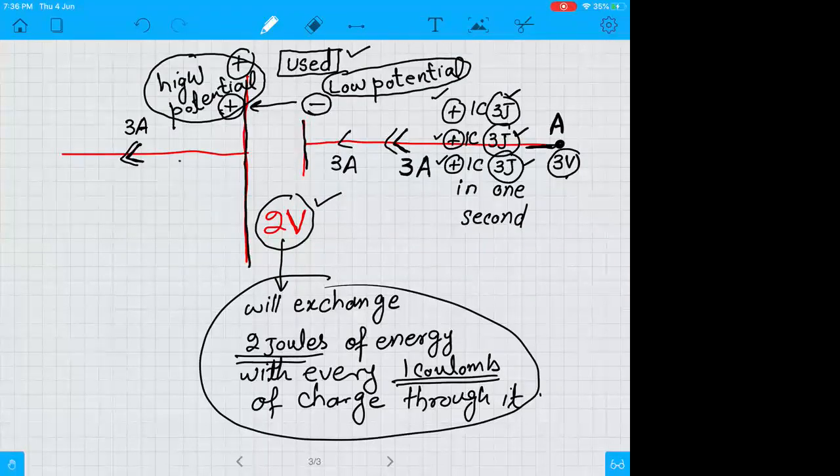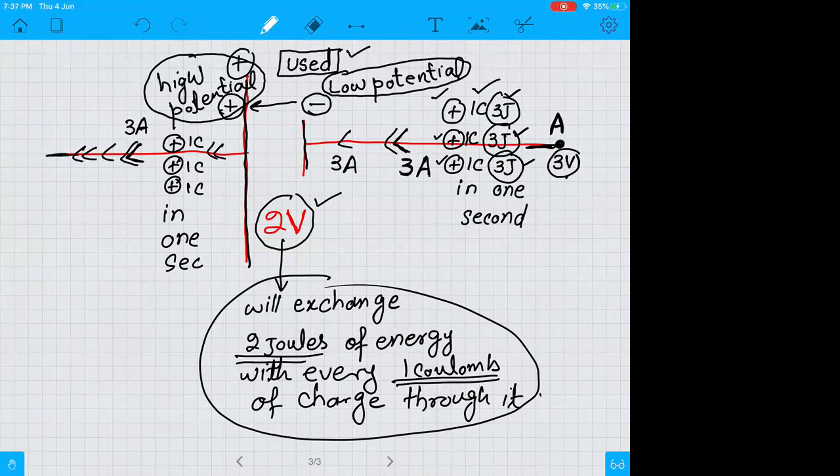Here, every 1 coulomb charge, 3 ampere means 3 coulomb in every second. If 3 coulomb of charge is entering the cell every second, then 3 coulomb of charge is leaving the cell every second.